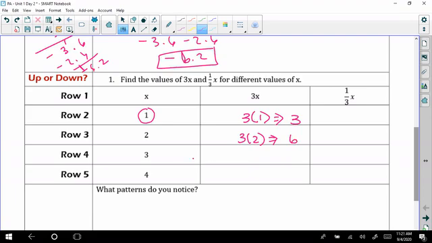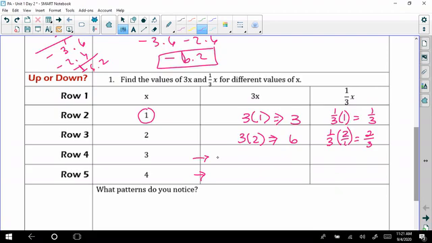I want you to finish this one and this one on your own. The next column, I've got 1/3 x, so I'm going to say 1/3 times 1 equals 1/3. 1/3 times 2 equals, well, I'm going to take this as 2 over 1, because it's a whole number, right? So this is 1 times 2, which is 2 over 1, 3 times 1, which is 3, so 2/3.